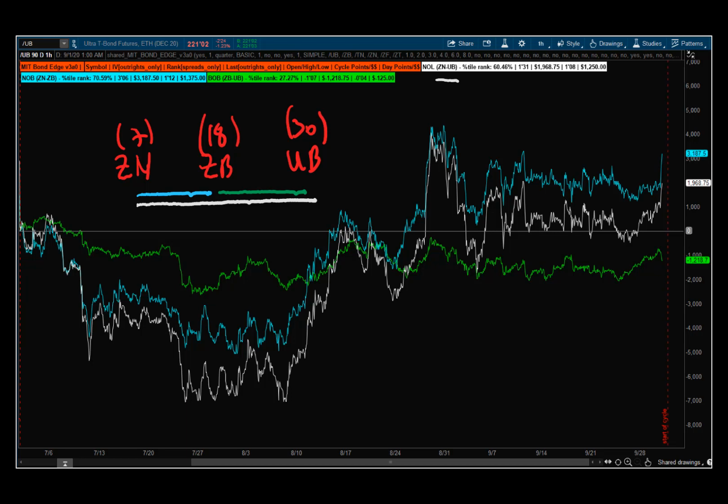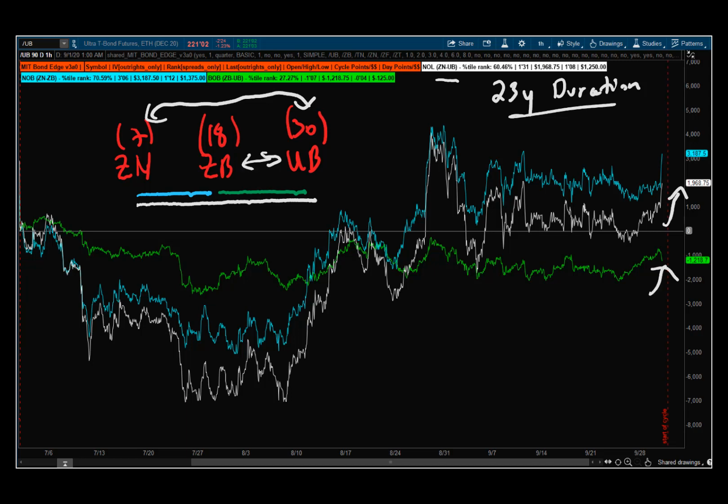So the white line has 23 days, or years, excuse me, of duration. 30 to 7. So 23 years of duration is really strong today. What isn't strong is the green portion. Just this portion is really weak. The blue portion is really strong.